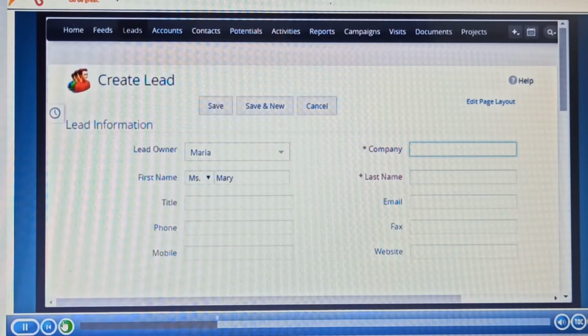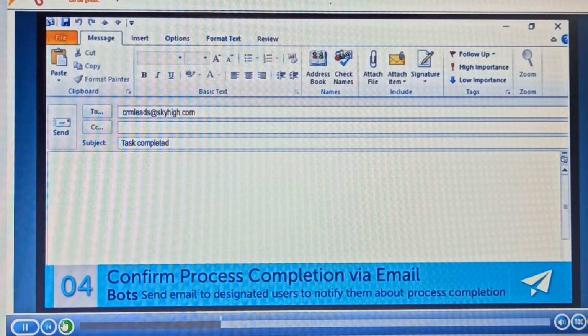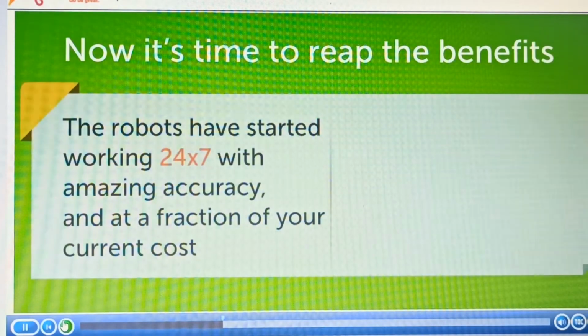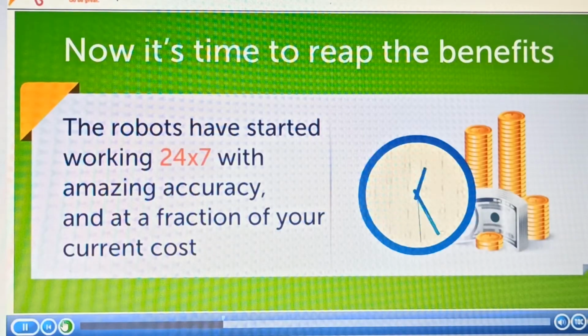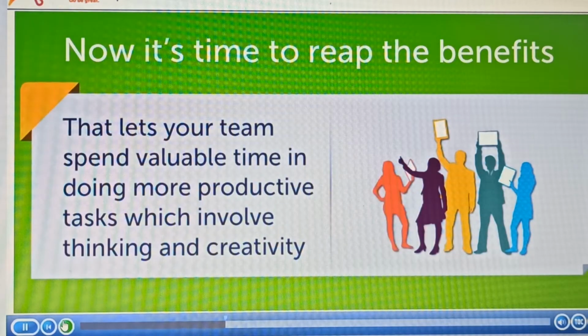Picking up data from Excel and logging it into the web-based CRM is a breeze, error-free, and at such a rapid pace. Finally, it completes the business process by sending confirmation emails. As the bot takes over your repetitive tasks, you can now focus on the more rewarding and higher value-adding activities.